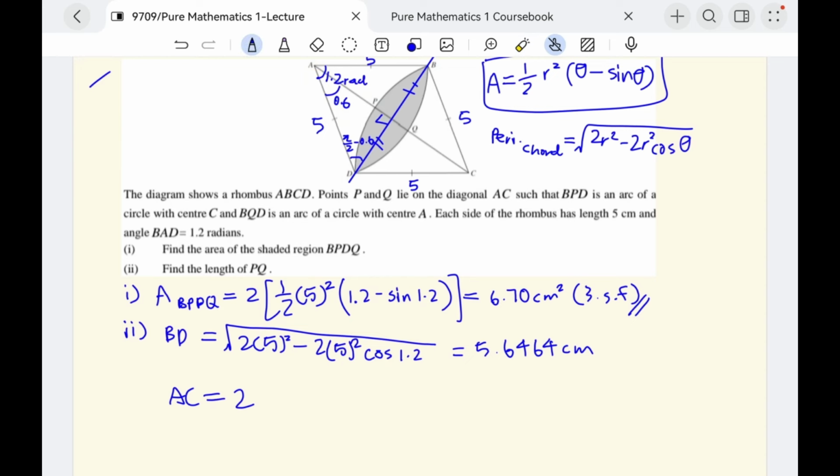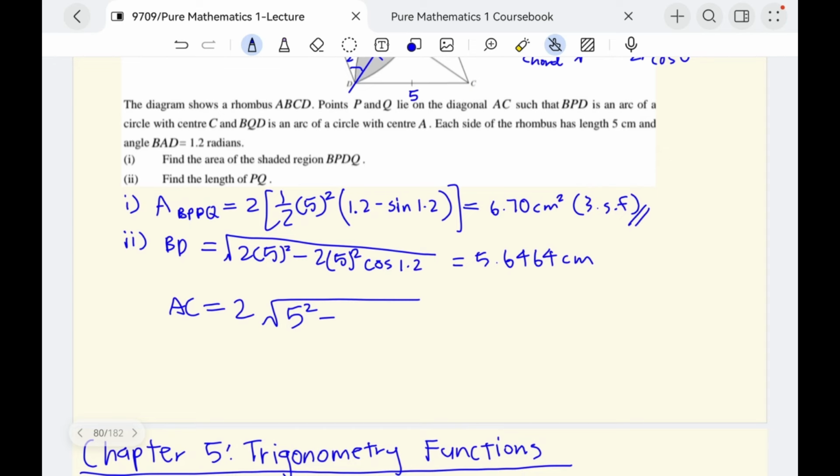To find this length, we can use the Pythagoras theorem, or you can use the trigonometric relationship, which is also acceptable.